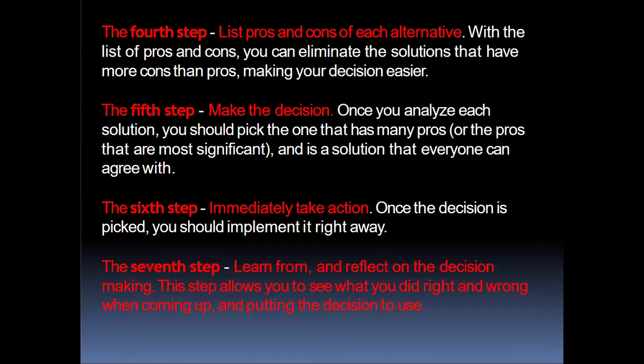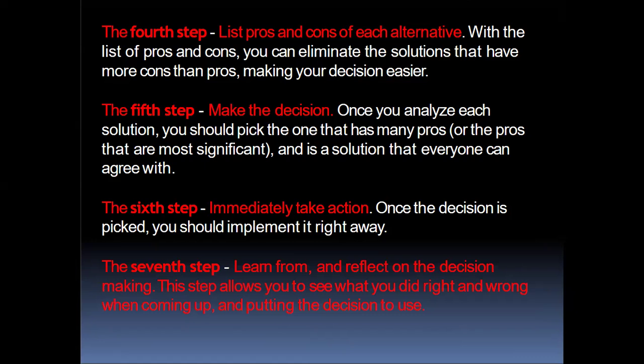The fourth step is to list out the pros and cons of each alternative and try to eliminate the solution which has more disadvantages than advantages, which makes our decision easier.